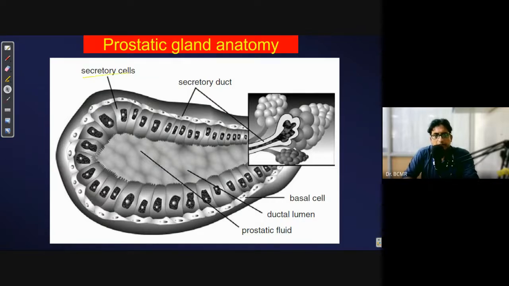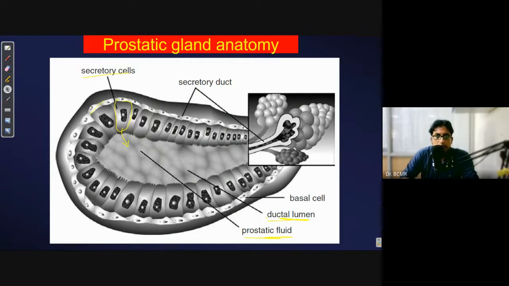If we look closely, the prostate gland has several alveoli-like structures. They have secretory cells, which secrete the prostatic fluid into the lumen. That is the ductal lumen, the gap that is present, and the lumen consists of the prostatic fluid. There are two types of cells.